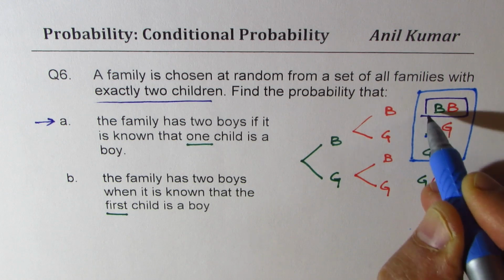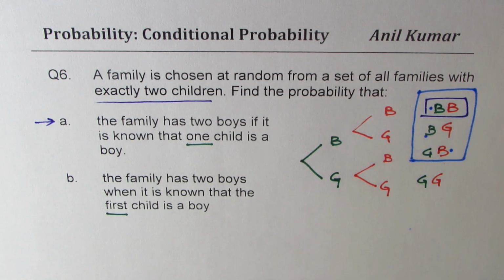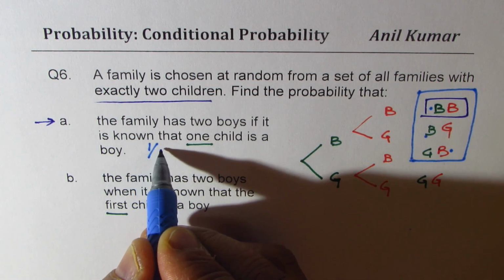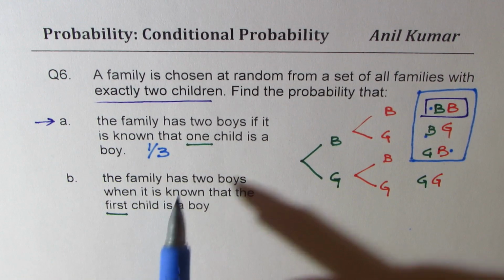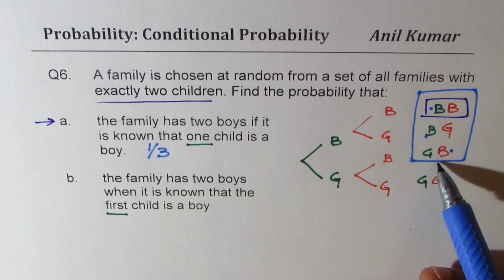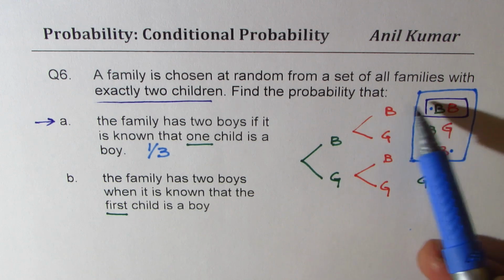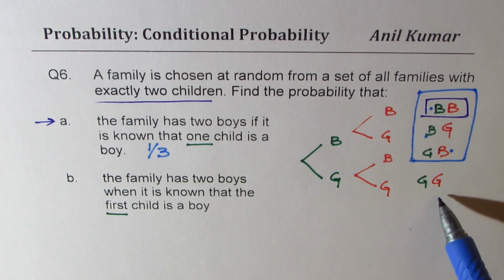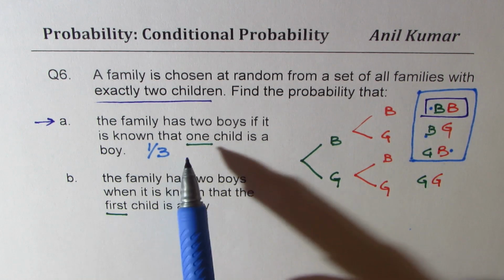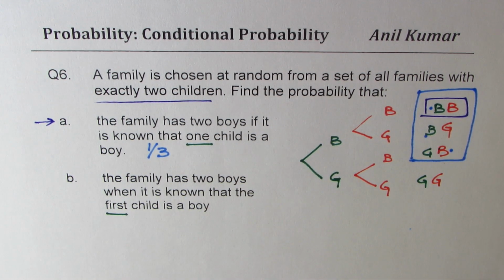One child is a boy, right? Both could also be boy. Perfect. So the probability of the first one is 1 out of 3. The conditional probability restricts the domain. Now the domain or the sample set is not all 4, it is the one where there is at least 1 boy. You are getting an idea. One child is a boy, correct?